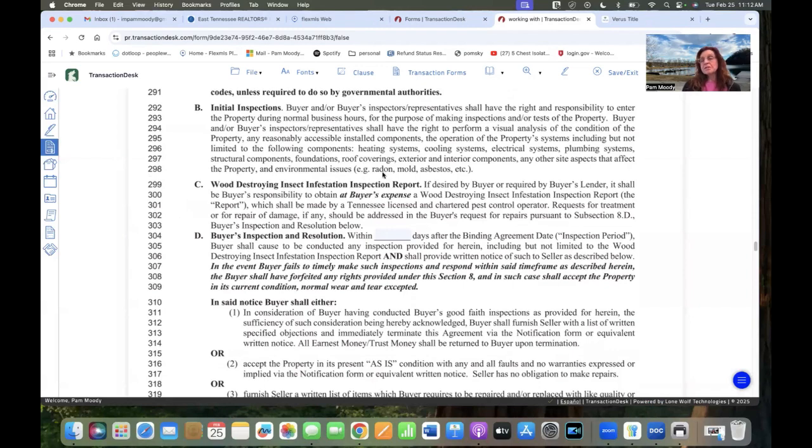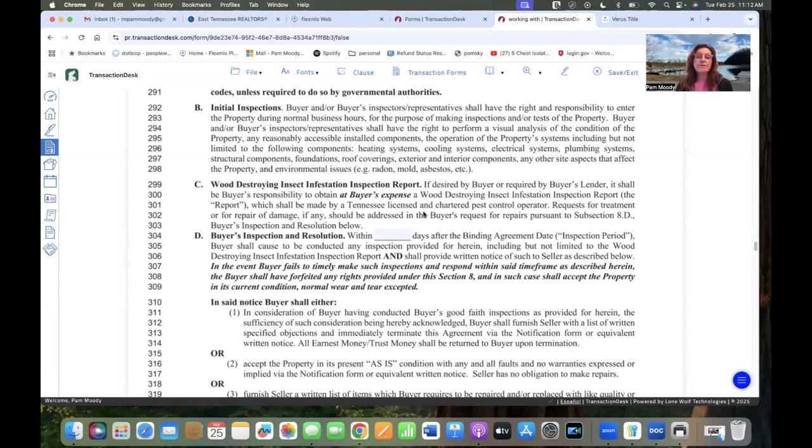So you might decide you want to get a radon test, mold, asbestos, any of those types of tests. And a wood-destroying insect infestation inspection report. If you want to get a termite report, it's your responsibility and at the buyer's expense.